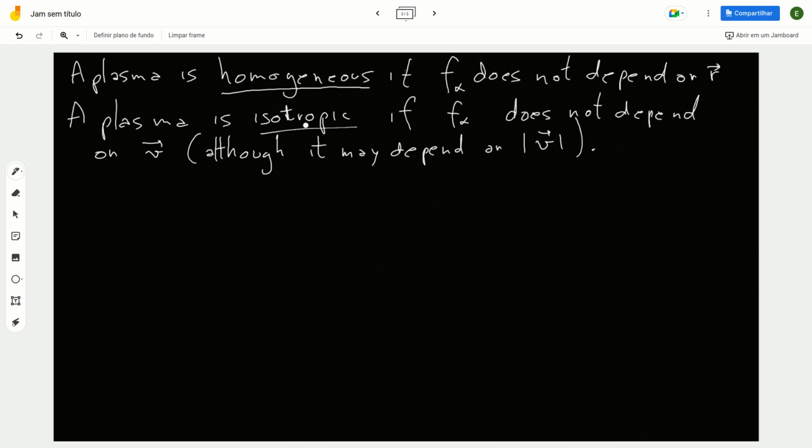So those are two important terms in the plasma subject.